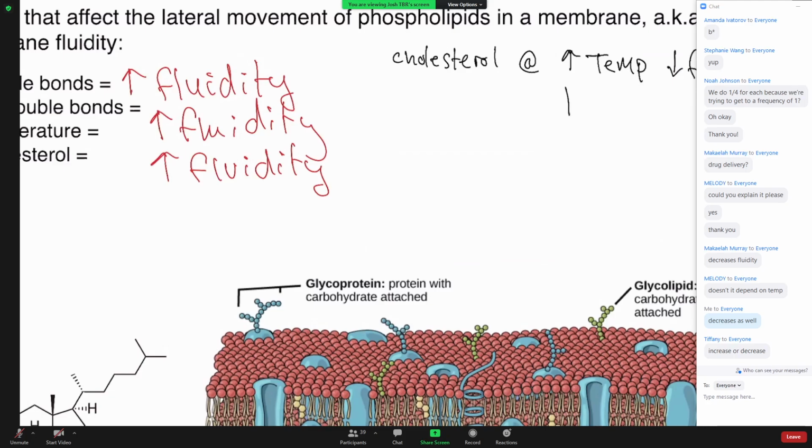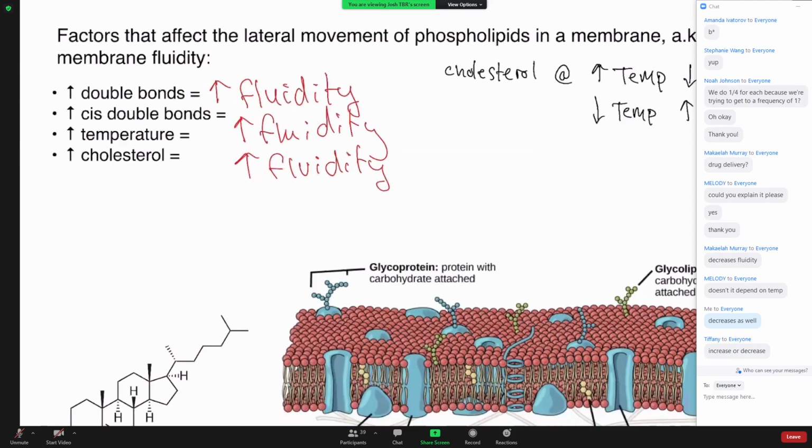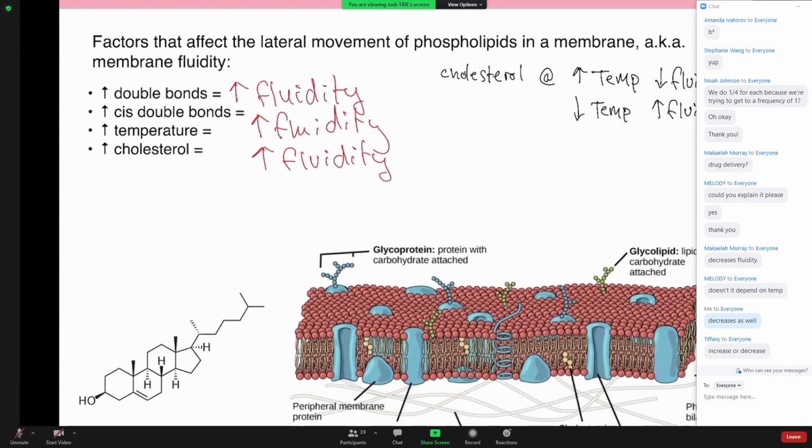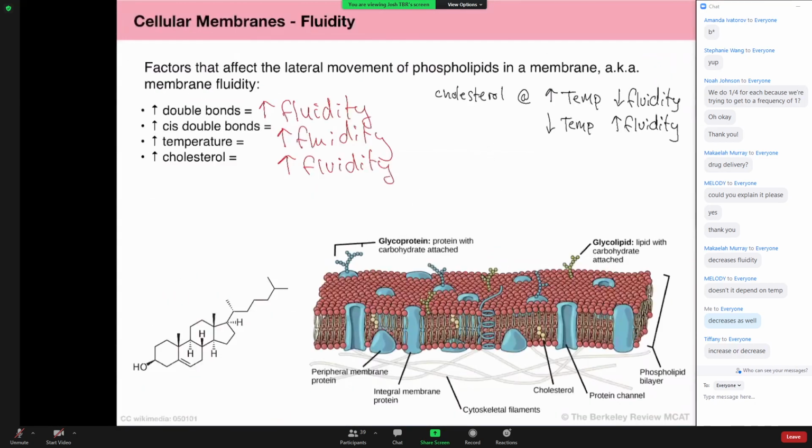And cholesterol at low temps increases fluidity. Now, how that works is cholesterol is this very planar molecule, and so it can actually fit in between, as you can see right here, these phospholipids.